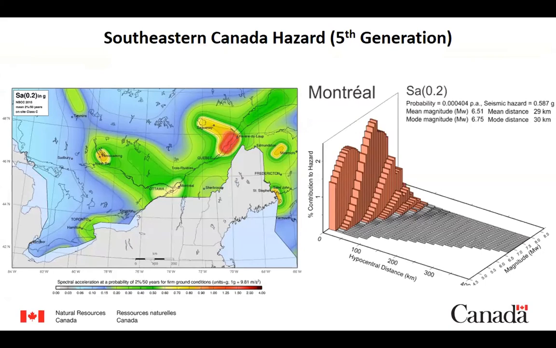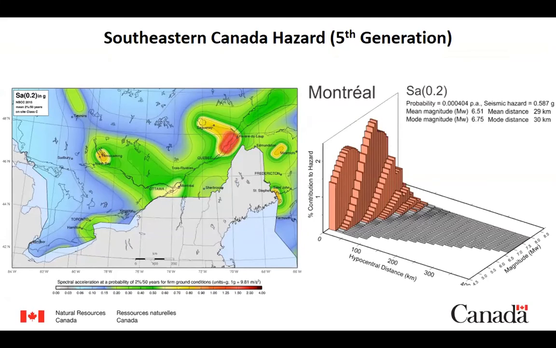So when we make seismic hazard maps through a probabilistic seismic hazard analysis, we can often present maps in 2 different ways. One of them depicts the probability at any particular location of experiencing a certain amplitude of ground motion.